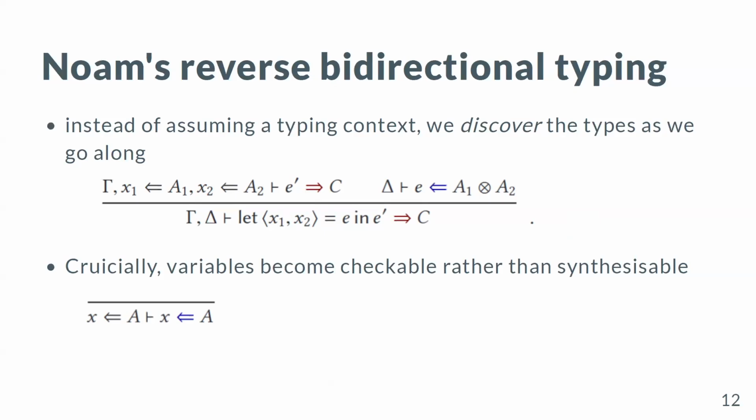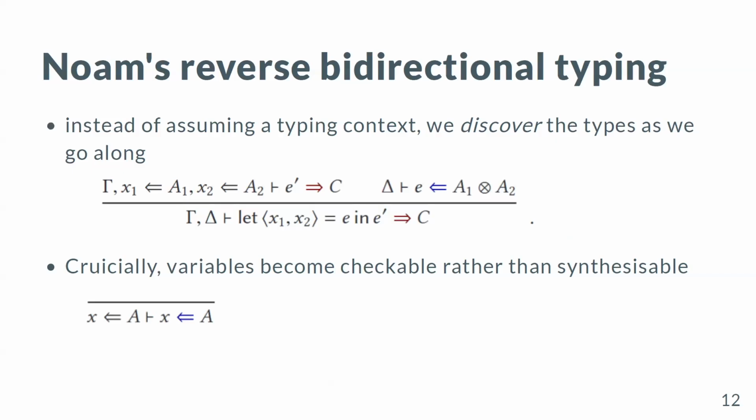So this is okay. But there is a problem, which is that normally variables are synthesizable. So this means that as you're type checking and you reach the variable leaf, you ask the context. You say, what is the type of this variable? And it gives you the type. On the other hand, in our situation, the context doesn't know the type yet. Our context is pretty barren.